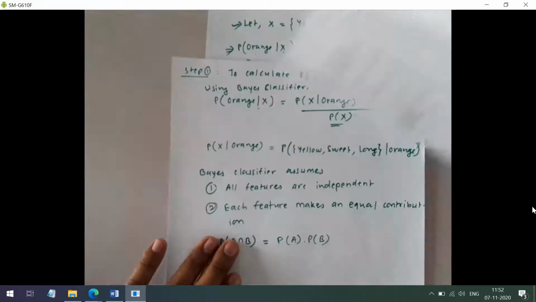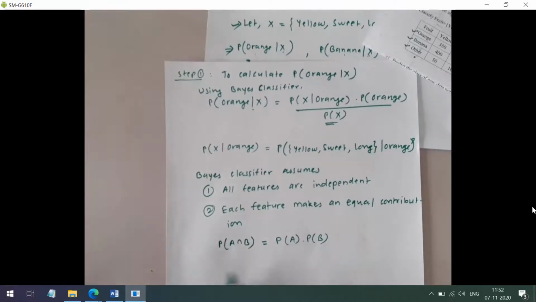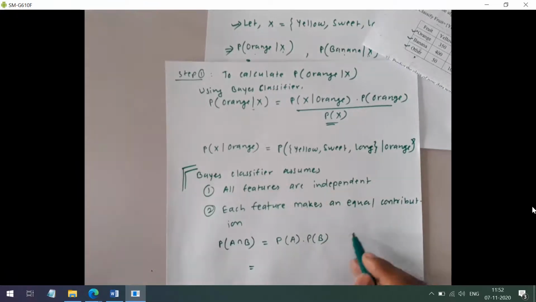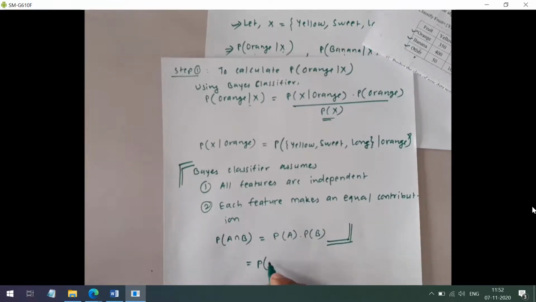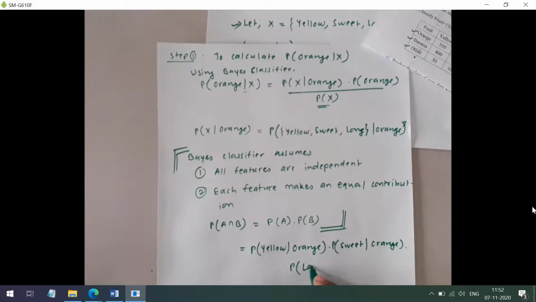So that's why we can write this term as probability of yellow given orange into probability of sweet given orange into probability of long given orange.